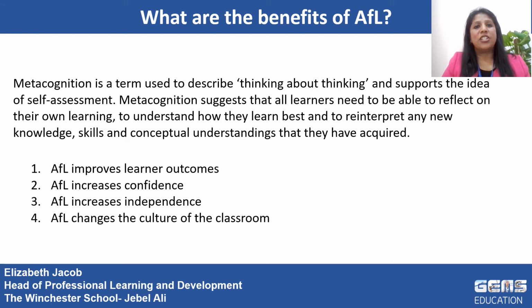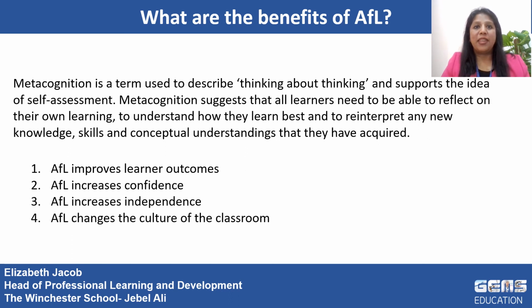AFL techniques such as peer feedback can help more able learners to reinforce their learning by explaining the ideas to the less able classmates. Furthermore, peer feedback helps learners to develop diplomacy and communication skills that will be essential in many aspects of later life. AFL increases independence. AFL enables learners to become less passive in the classroom, especially when combined with other methods that promote this type of approach, such as active learning techniques.